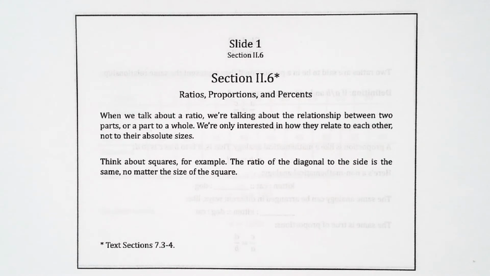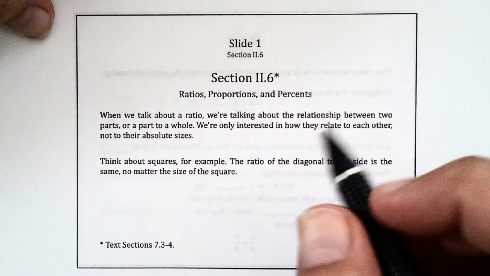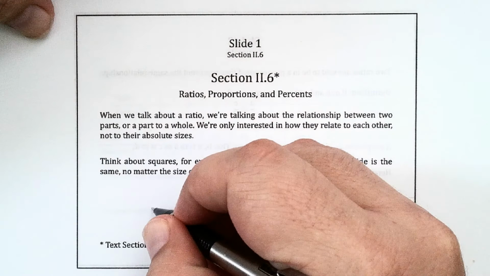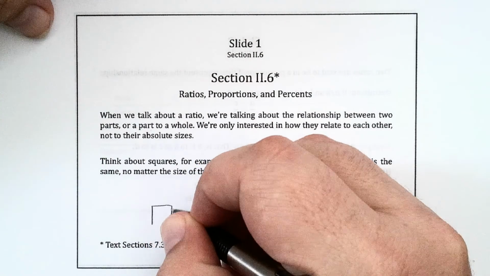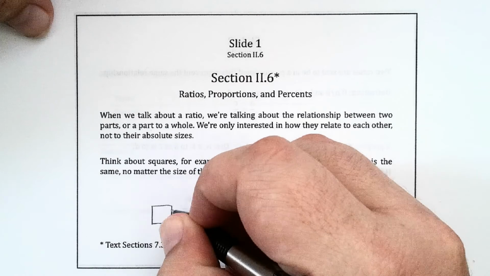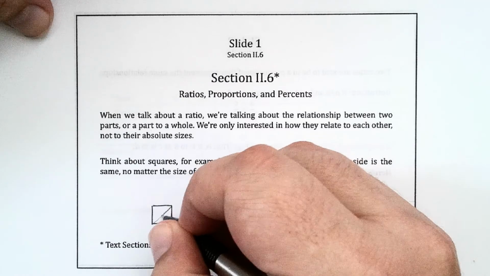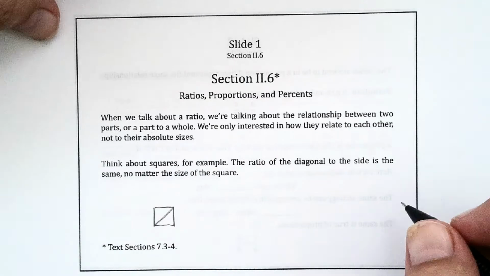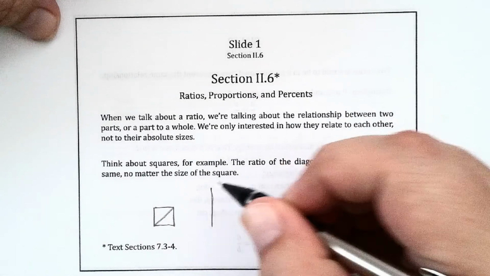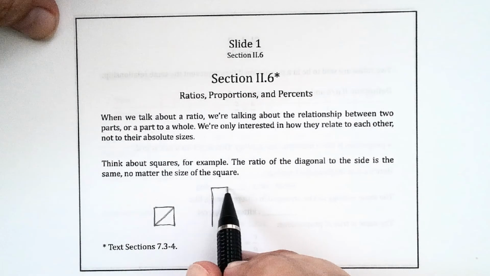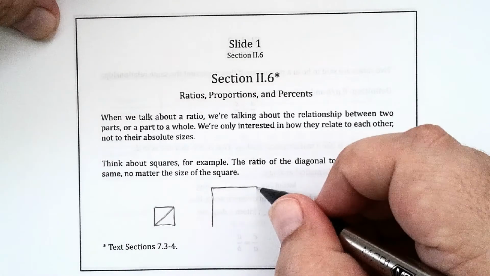Think about squares, for example. The ratio of the diagonal to the side of it is the same, no matter the size of the square. So I could have a small square. Think about the relationship between its diagonal and its side. Or I could have a large square. Same shape, but larger.